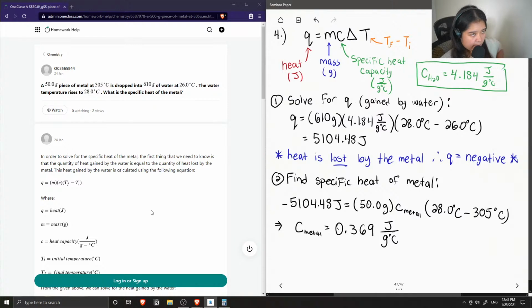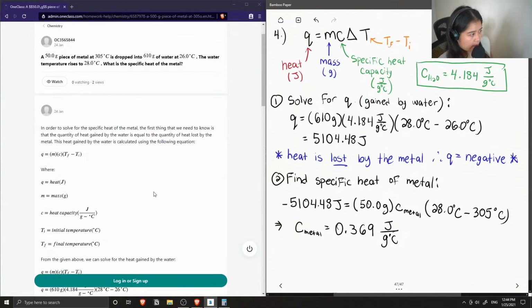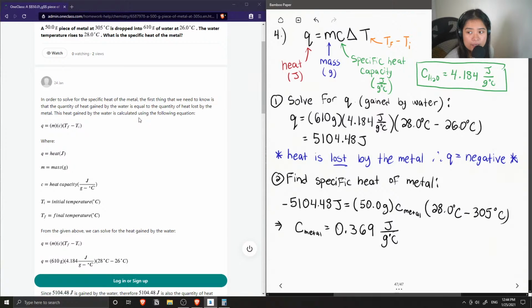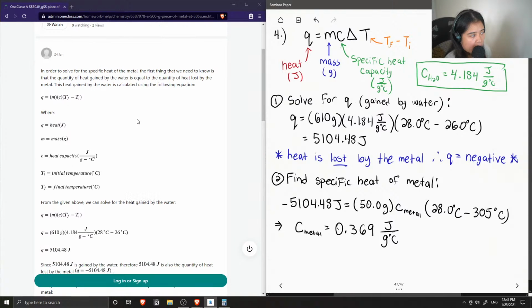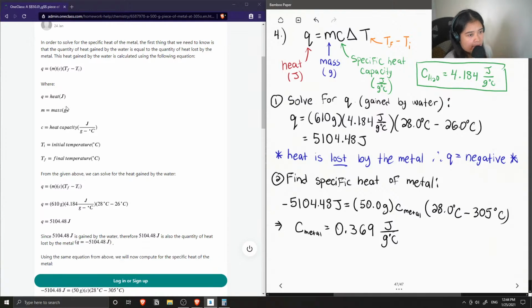Okay, so now let's see what the junior tutor said. In order to solve for the specific heat of the metal, the first thing that we need to know is that the quantity of heat gained by the water is equal to the quantity of heat lost by the metal. This heat gained by the water is calculated using the equation Q equals MC times final temperature minus initial temperature. And then they just defined all of the different variables.